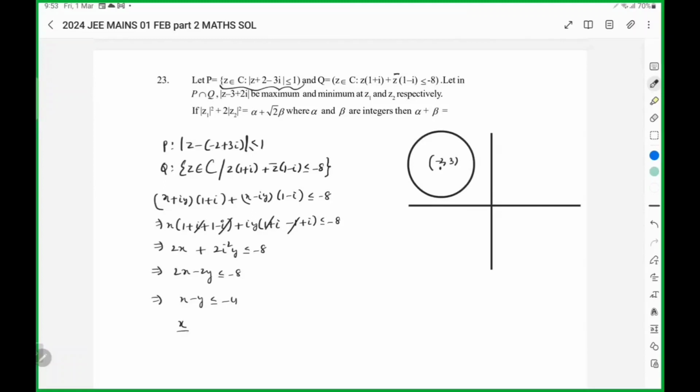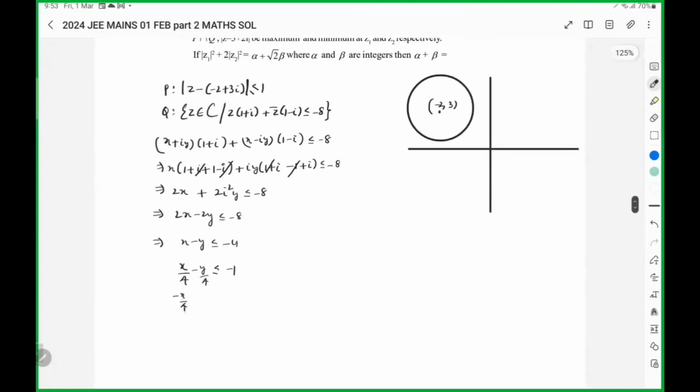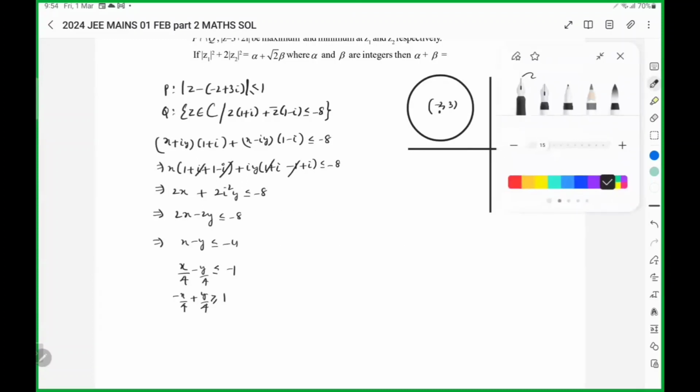Or here it is x by 4 minus y by 4 less than minus 1, or minus x by 4 plus y by 4 is greater than 1. So x intercept minus 4, y intercept plus 4. So the line will be like this.